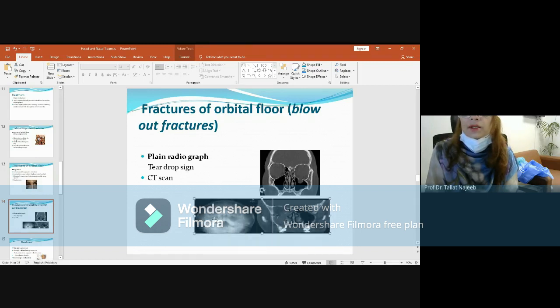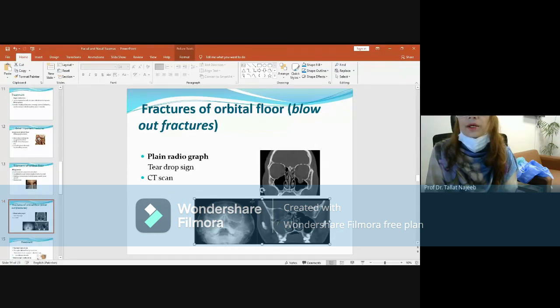You can see in this, there is fracture of floor of orbit, and you can see herniation of soft tissue inside the maxillary antrum, like in this. CT scan will give 100% diagnosis. In this, you can see fracture of floor of orbit and herniation of soft tissue into the maxillary sinus.